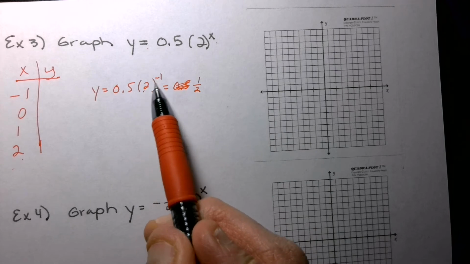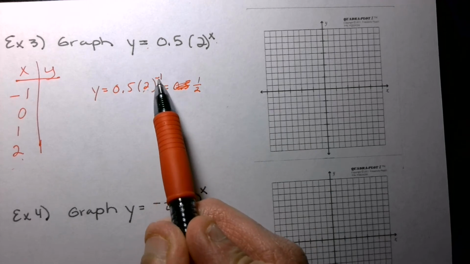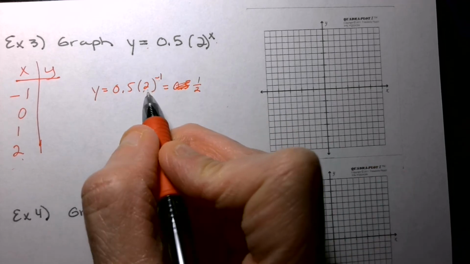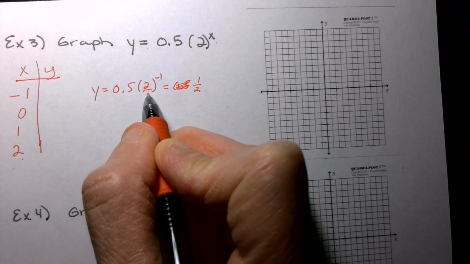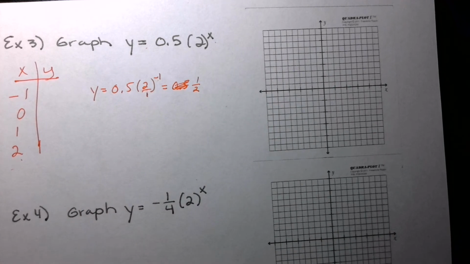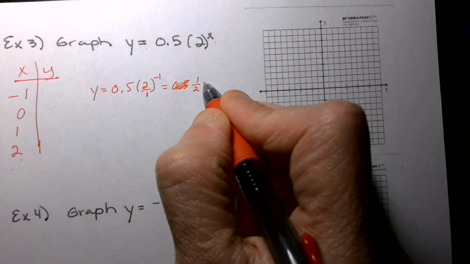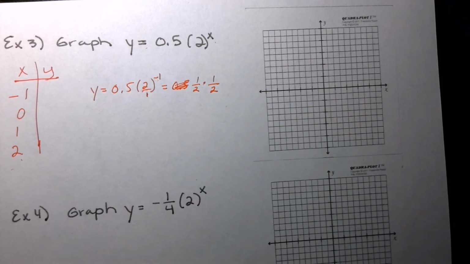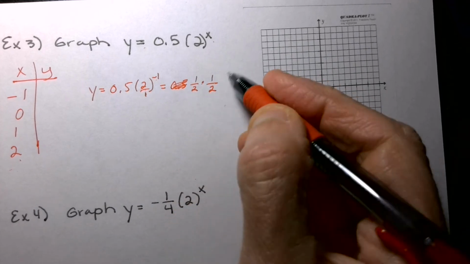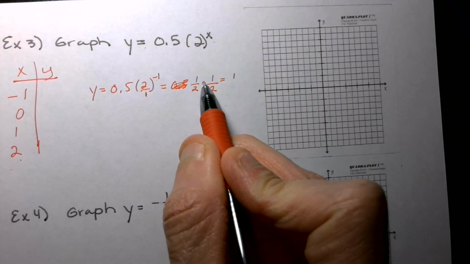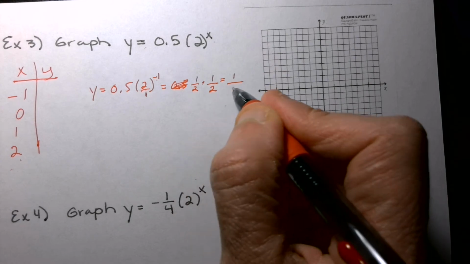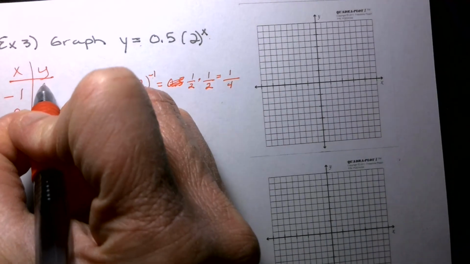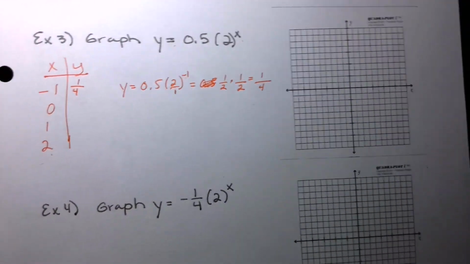To make this a positive, remember you have to do the reciprocal of what's inside. And that's 2/1, so you just throw it downstairs. And now I get that. Okay, so 1/2 times 1/2. Remember when you multiply fractions, 1 times 1 is 1, and 2 times 2 is 4. So there is the first coordinate.